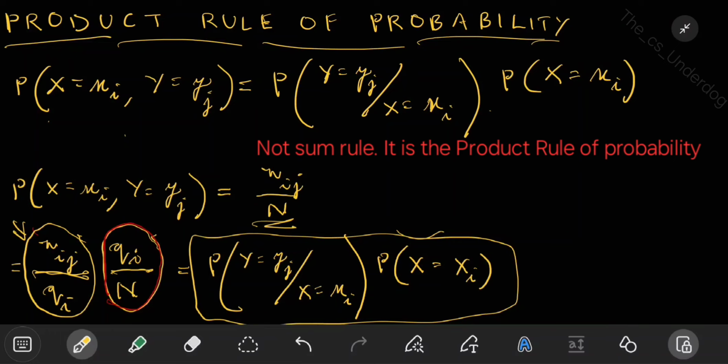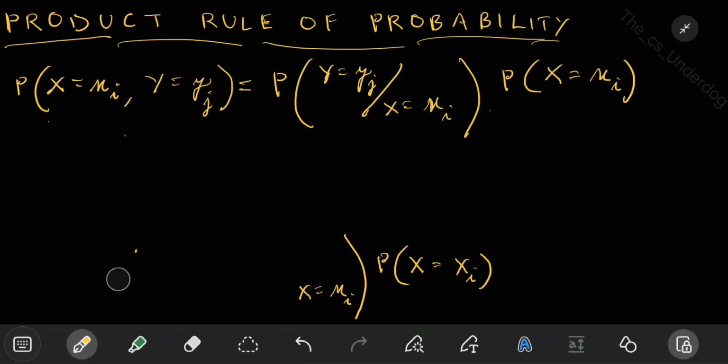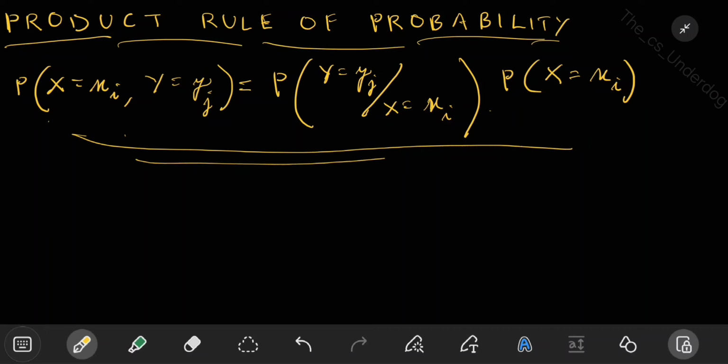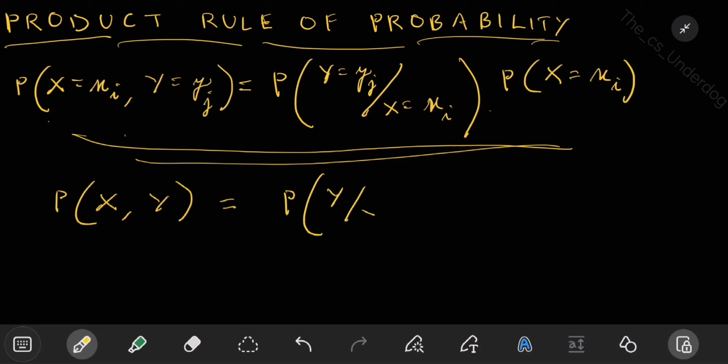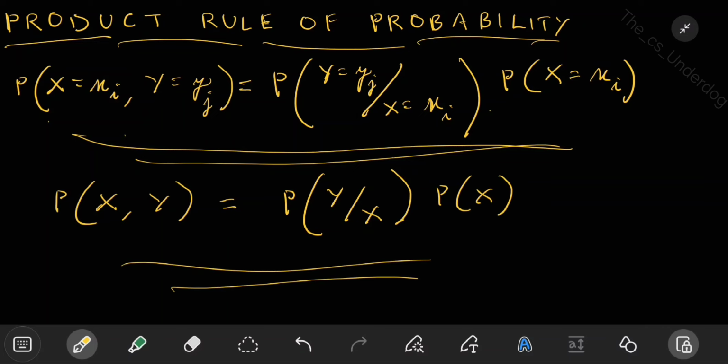This is the product rule of probability. This sum rule and product rule form the very basics of probability, so you need to be very clear on this. Another way of expressing this, removing all those cluttered statements, is to simply say p of x,y is equal to the probability of y given x into p of x. This is a very simplified form of writing the product rule of probability.